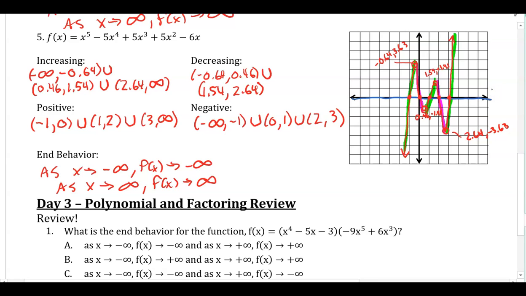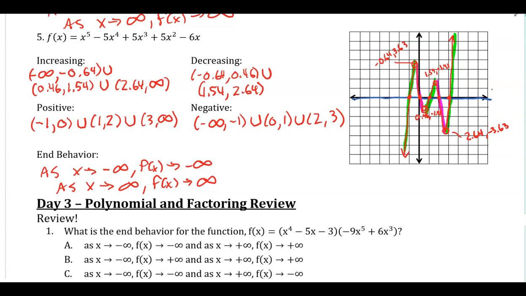And our end behavior, this is an odd degree function, so we know that they're going to be opposites. We're going to have negative infinity on the left, and we're going to go off to positive infinity on the right.